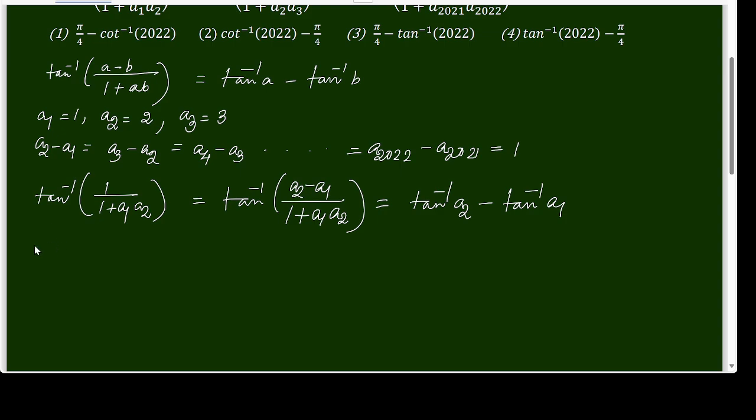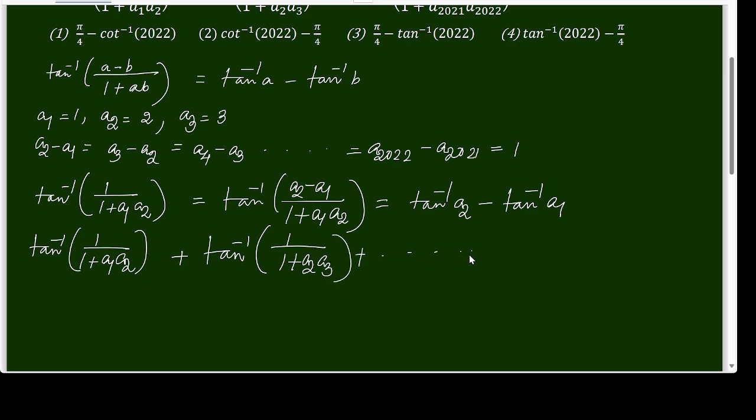So writing the whole question: tan inverse 1 over (1 plus a1 a2) plus tan inverse 1 over (1 plus a2 a3) plus up to tan inverse 1 over (1 plus a2021 a2022).